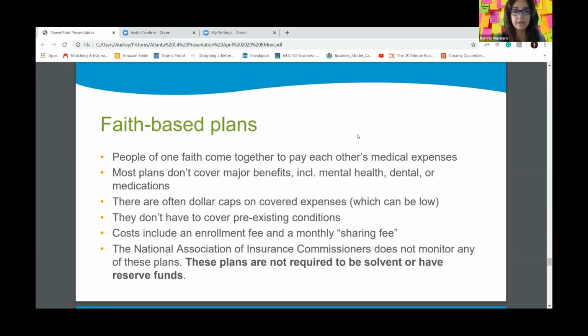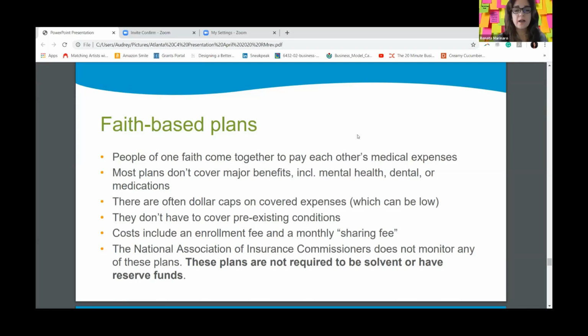So you need to read them very carefully to see uncovered expenses. Caps can be low. Say they will cover hospitalization up to $100 a day. If anybody knows anything about the cost of hospitalization, it's going to be a lot more than $100 a day. So you want to look at those caps and see if they are reasonable or unreasonable.